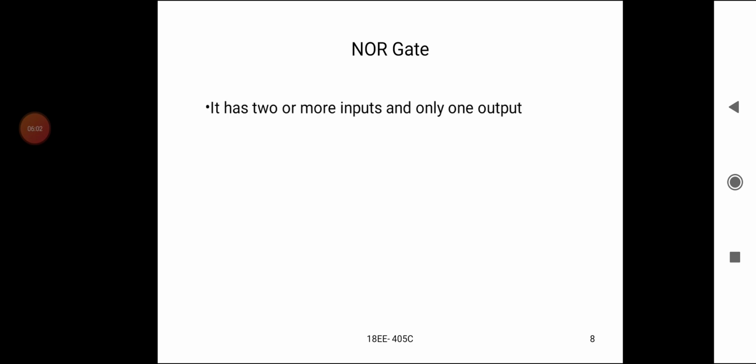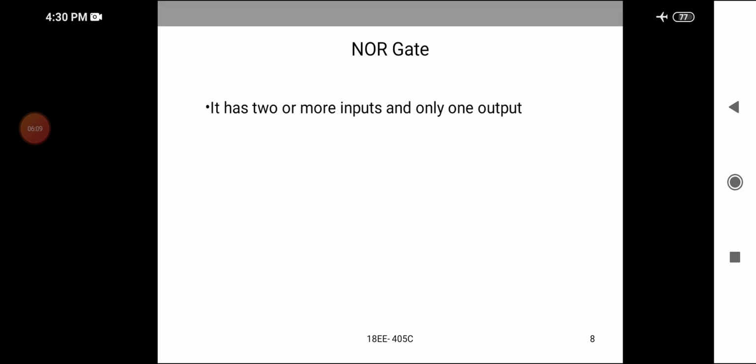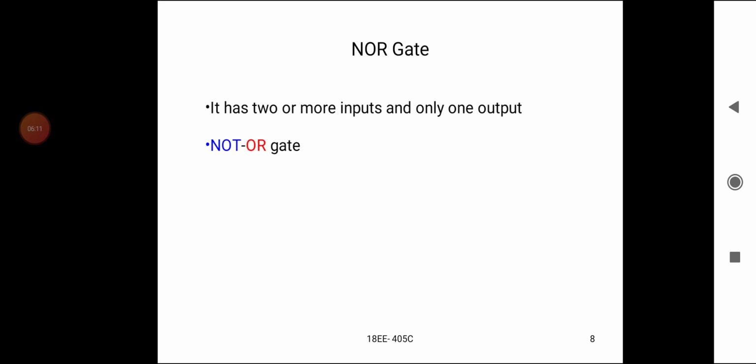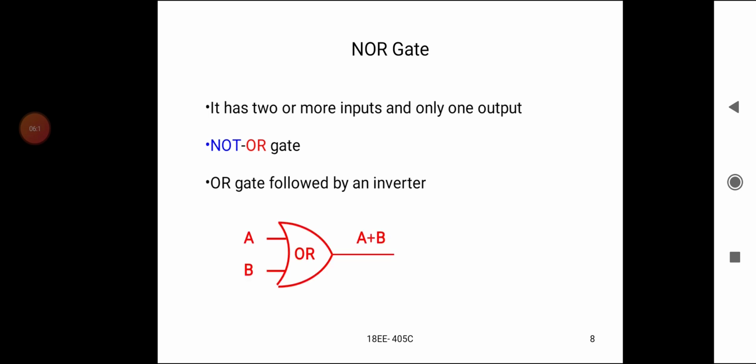NOR gate has two or more inputs and only one output. It is NOT OR: an OR gate followed by an inverter. The OR gate receives 2 inputs and generates output Y equivalent to A plus B, immediately followed by an inverter, or NOT gate, that gives A plus B whole complement.